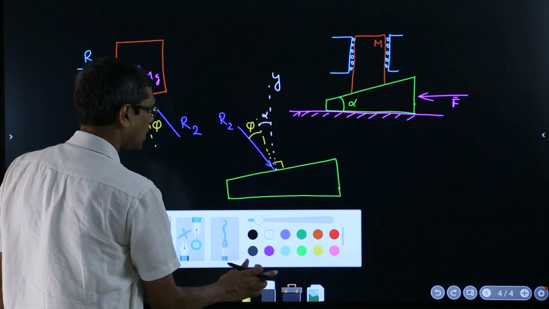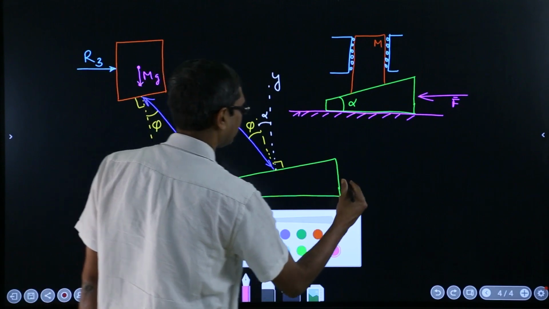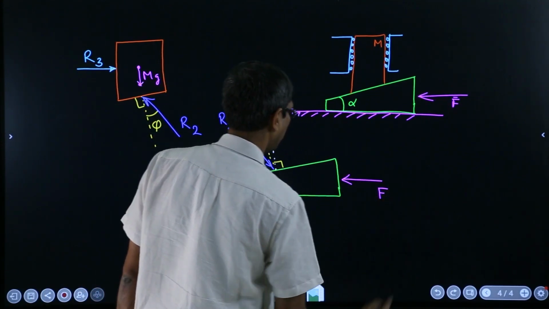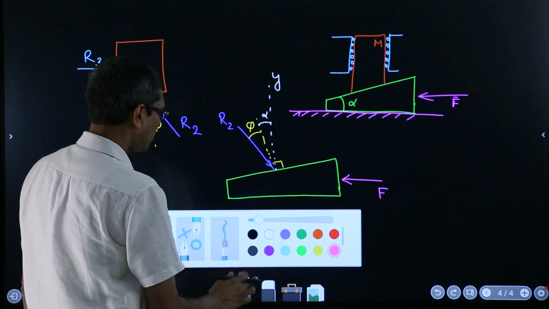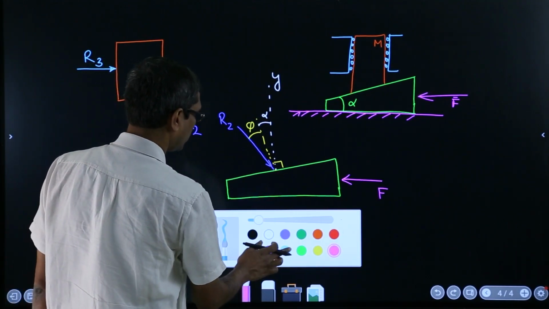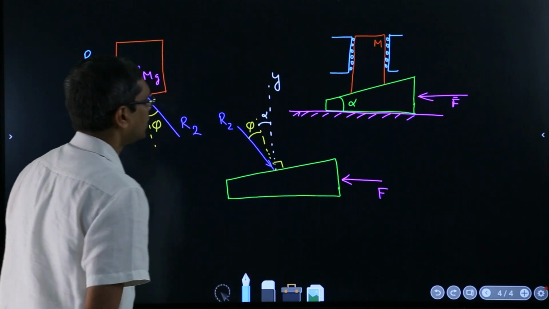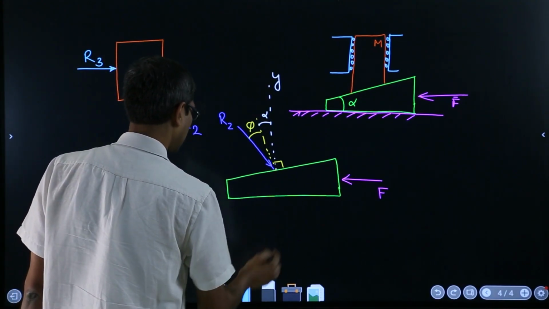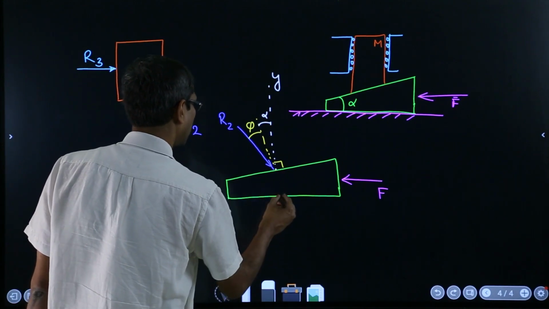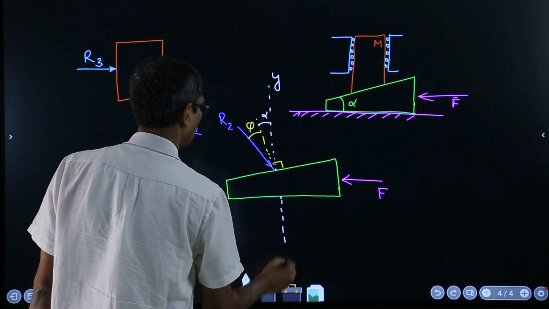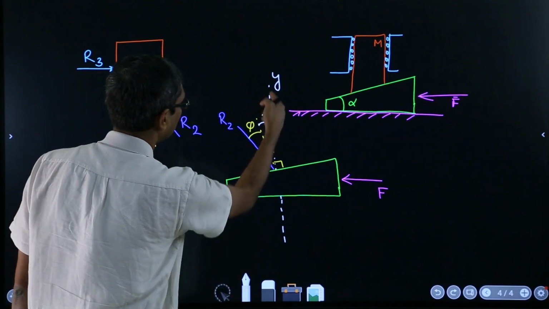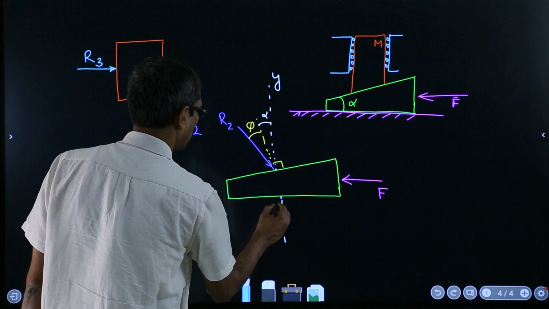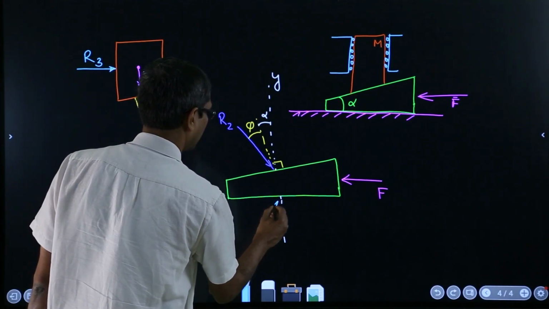And what else is acting? From that side a force P, F, okay, and then there will be a force from the ground. Now from the ground there will be a force which is perpendicular to the surface, in line with this, and then there will be a reaction force which will be like this.